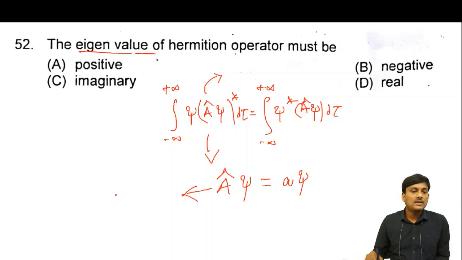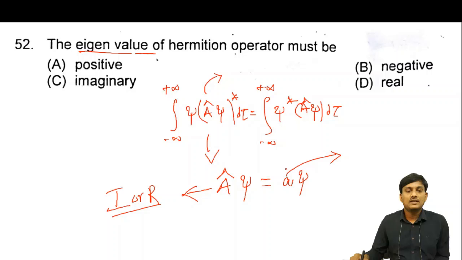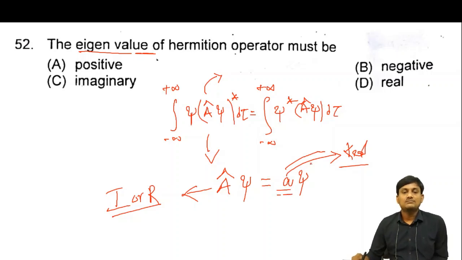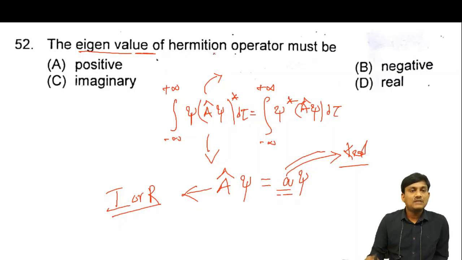The wave function may be imaginary or real, or it may contain both, but this constant value should be a real value, since it denotes a physical quantity. So the eigenvalue of a Hermitian operator should always be a real number.